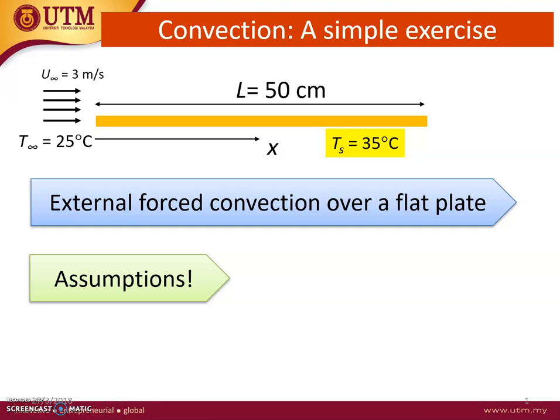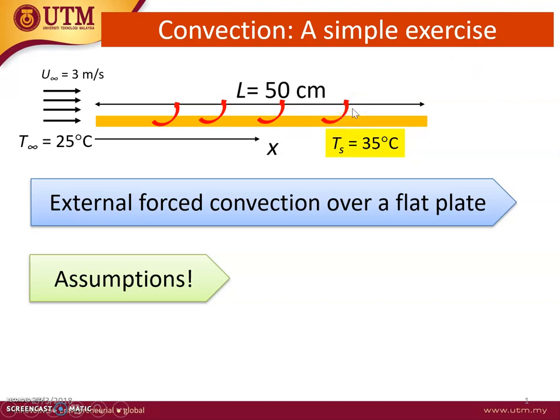Second assumption would be you assume that is one-dimensional heat transfer from the flat plate to the surrounding air, the flat plate being at a higher temperature than the surrounding air. You assume that there is no axial conduction along the flat plate, and no heat generation in the flat plate nor in the air.